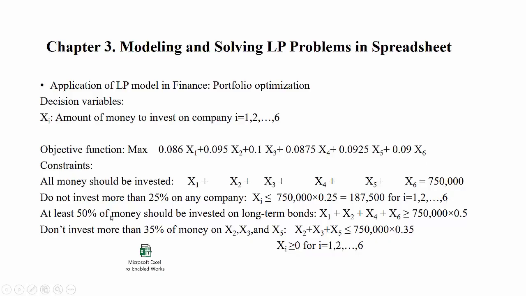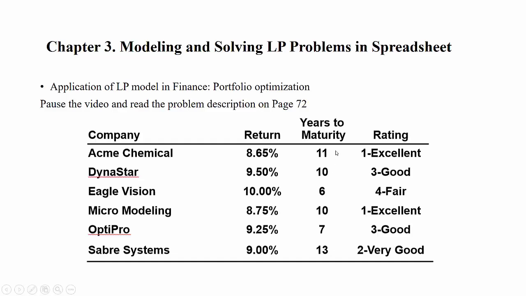And then I have to invest at least 50% of the money in the long-term bonds. Here the long term is defined as 10 or more years. So we have x1, Dynastar, micro modeling, and Saber Systems. So x1, x2, x4, and x6 are the long-term investments.